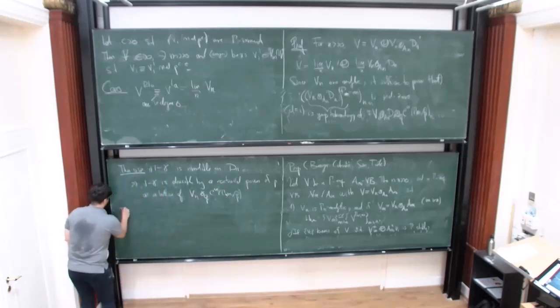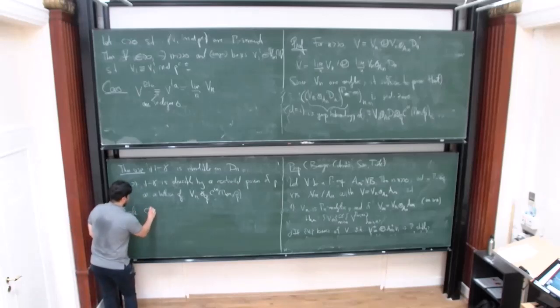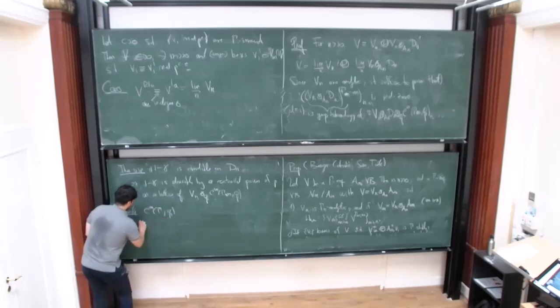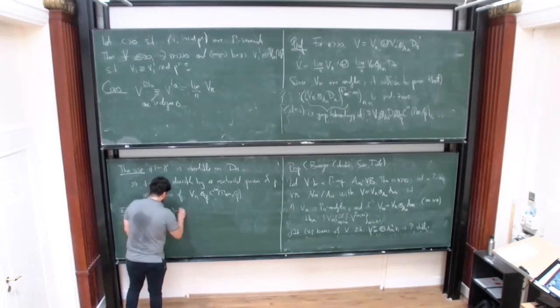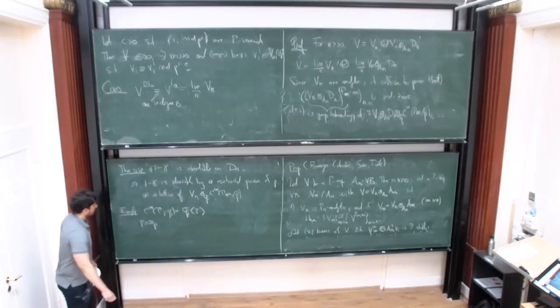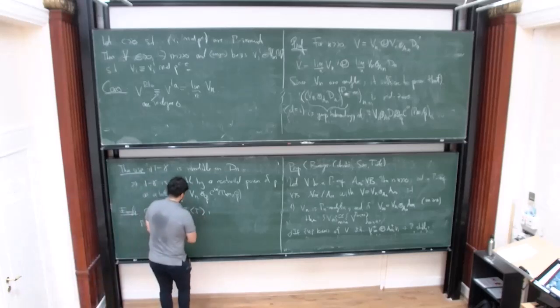So, for example, if you take the analytic functions of gamma p, this is just the power series ring.